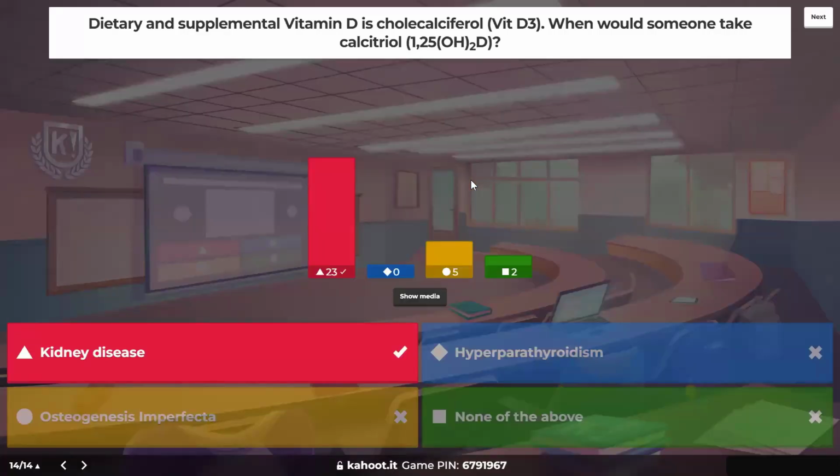Yeah, kidney disease, because they may have adequate amounts of vitamin D. Maybe even the one from the liver, the 25-OH vitamin D. But their kidney's not hydroxylating that last step, so they have low levels of the actually active form. This would be a case where they might actually test for this in the blood, even though it's more expensive than the typical vitamin D test. And so, yeah, they need this active form, the calcitriol, for kidney disease.